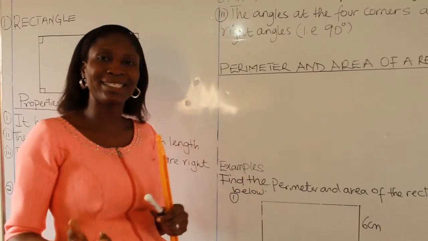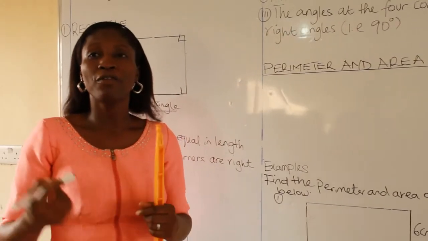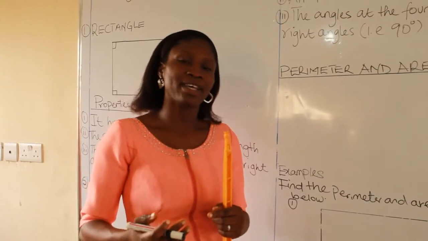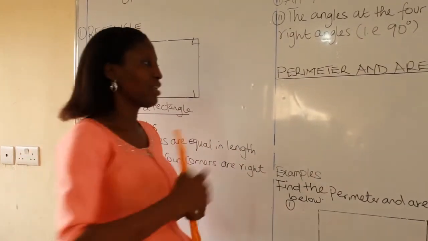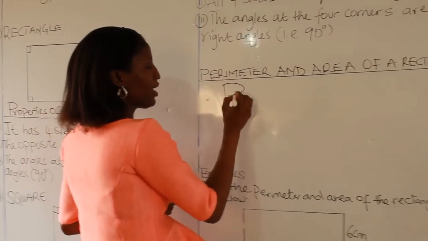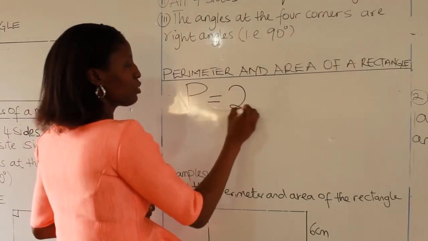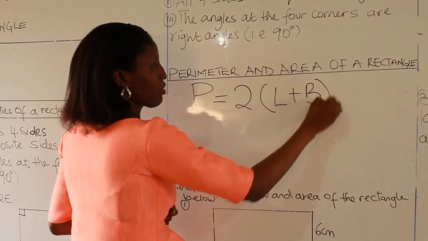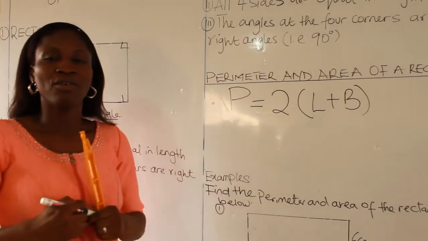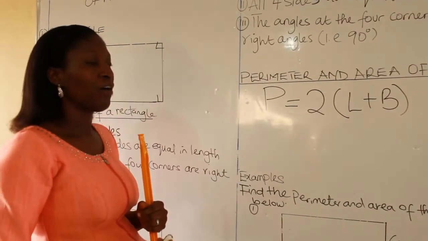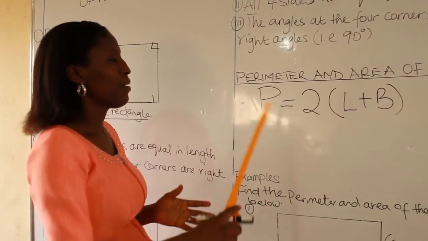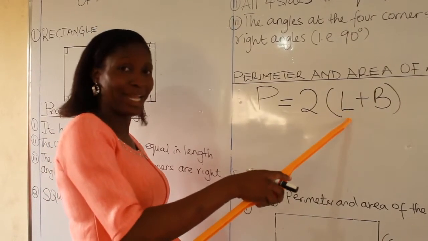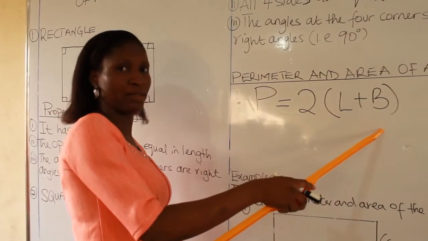Now, to calculate the perimeter of a rectangle, you say perimeter equals 2 bracket L plus B. The formula is perimeter equals 2 bracket the length plus the breadth.